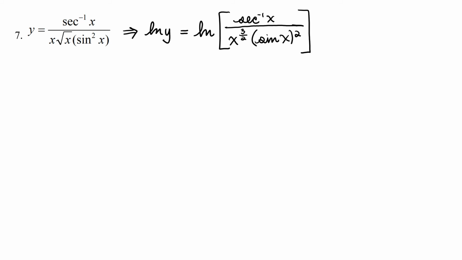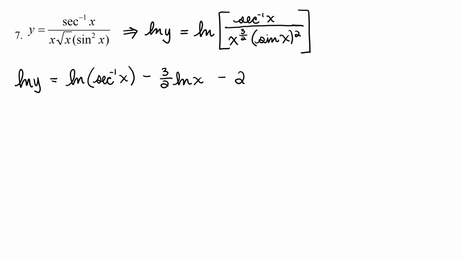We can still use log rules to simplify this, though. So we have the natural log of y, being very careful that we keep track of the fact that this is the natural log of y, not just y anymore, is equal to the natural log of inverse secant x minus 3/2 the natural log of x minus 2 natural log of sine of x.